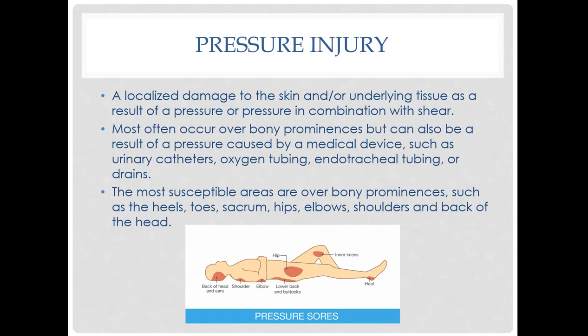So that's why we want to be mindful of this. Any prolonged pressure at any point on the body can lead to a pressure injury. But the most susceptible areas are bony prominences such as the heels, toes, sacrum, hips, elbows, shoulders, and back of the head.